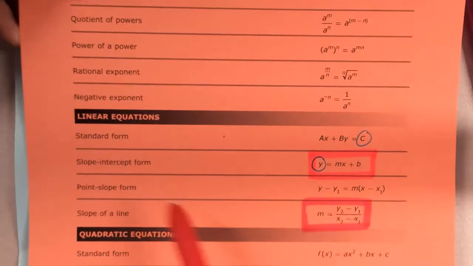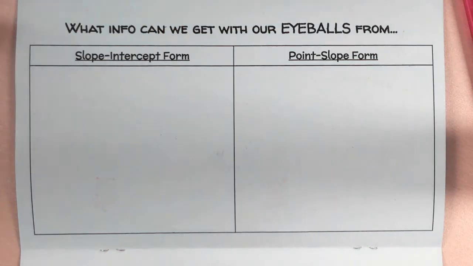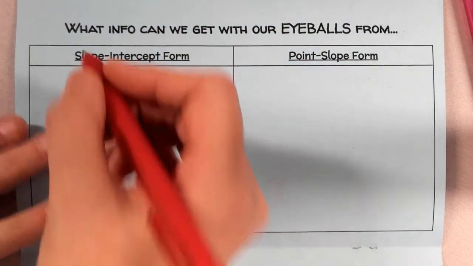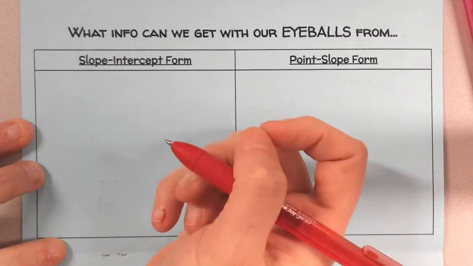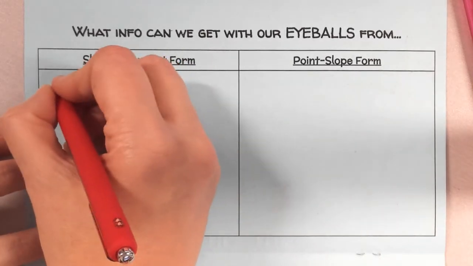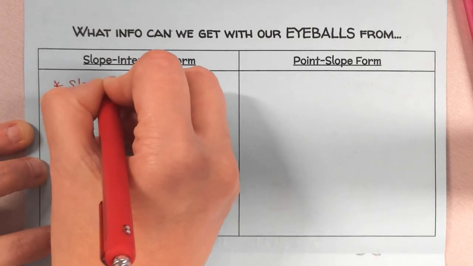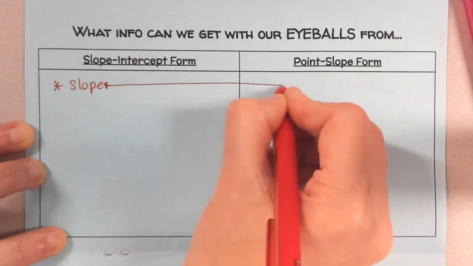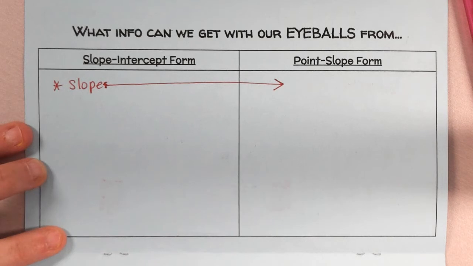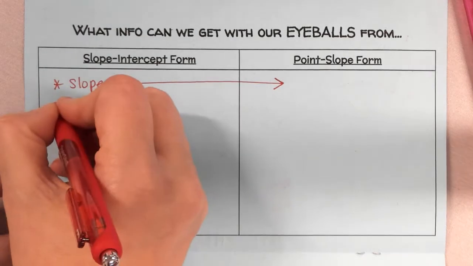So when I look at slope-intercept form, there's some information I can get just by looking. The first thing I can tell is the value of the slope. But I can also get that from point-slope form, right? I can get the slope from point-slope form.